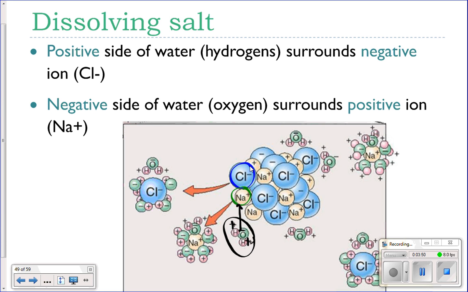Other water molecules will be attracted to the chlorine. So the positive side of the water molecule would be attracted to the chlorine. And what you have is a bunch of these water molecules gathering around the sodium chloride, and the negative side of the water molecule is arranging itself around the sodium, and the positive hydrogen side is arranging itself around the chlorine.